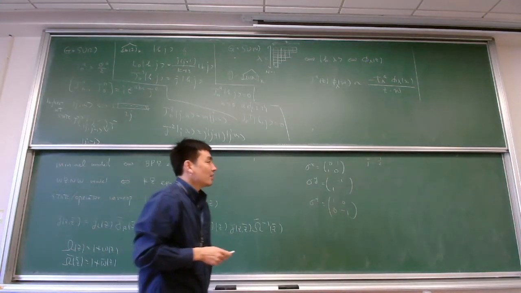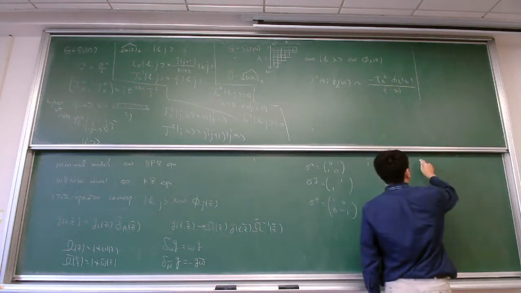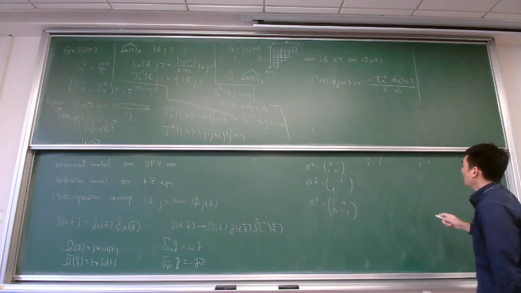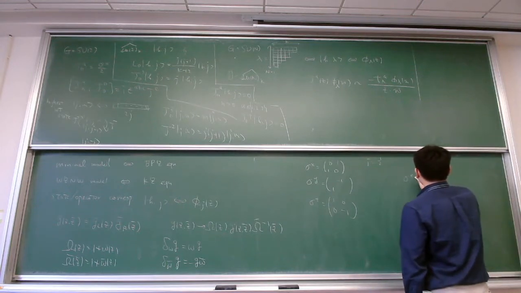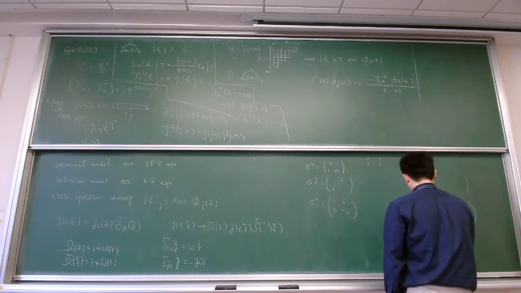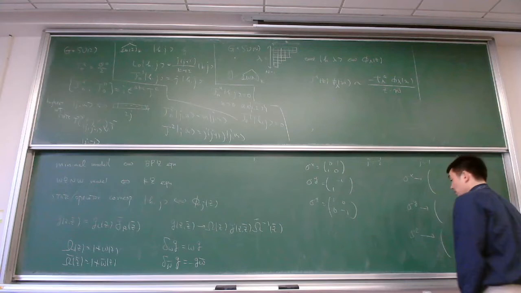But when j equals 1, the dimension is 2j plus 1. So sigma x is mapped to a 3 by 3 matrix, sigma y is mapped to a 3 by 3 matrix, and sigma z is mapped to a 3 by 3 matrix.